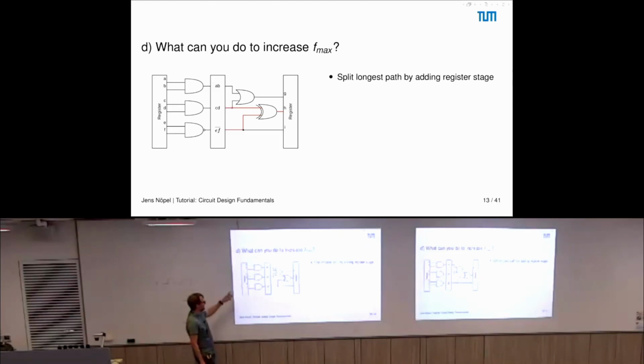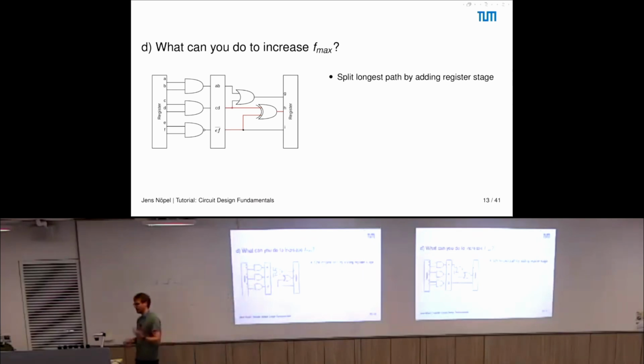So the T clock-to-Q and also the T setup are fixed values we need to live with. So the only option we have is to change the propagation delay. And one way to do that is to add another register stage.